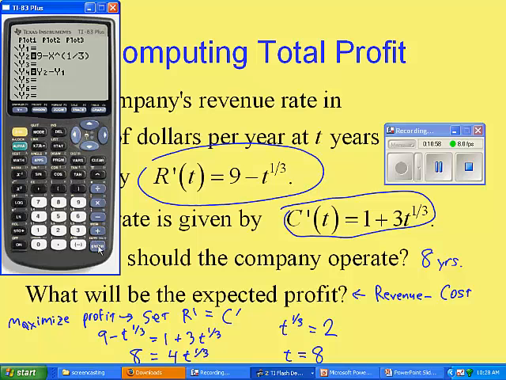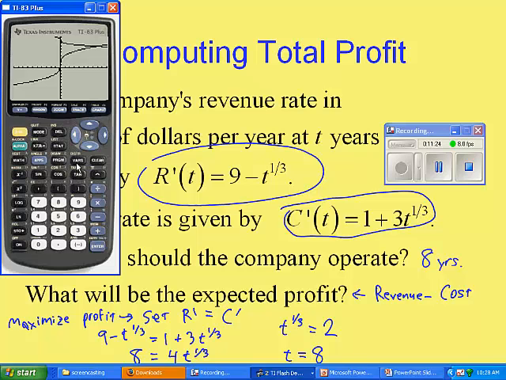And let me just not graph this guy because that was confusing last time. So c prime of t would be 1 plus 3x caret 1/3 again. Okay, so I could graph these two functions.